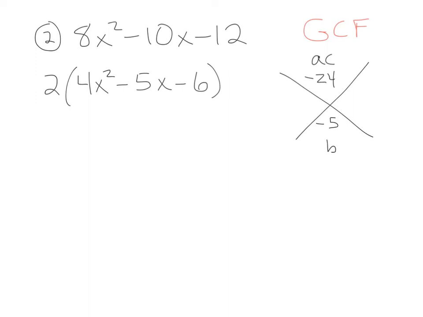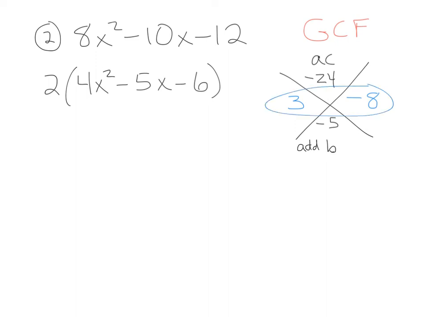You have 1 and 24, 2 and 12, 3 and 8. A 3 and an 8 might work. Let's go with 3 and negative 8. 3 times negative 8 is negative 24, and when you add 3 with negative 8, you get negative 5, because we want it to add up to the B. All right, there they are.